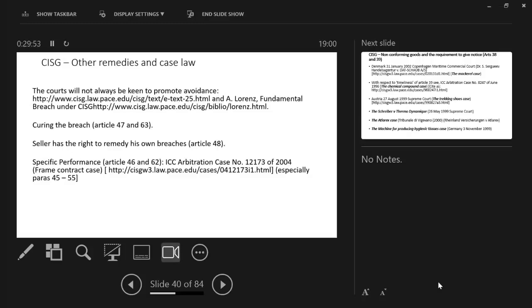Now, if we think about technology between the 1970s and today, it's been a big change. And one thing that is not really taken into account in the context of the CISG is technological change.